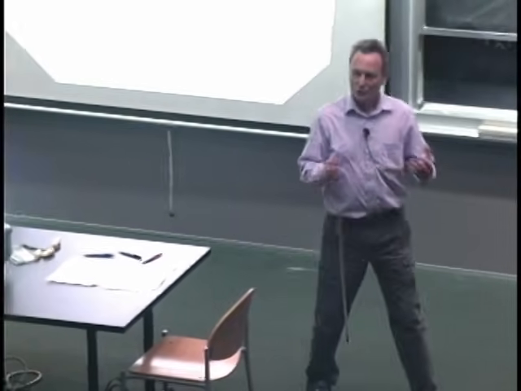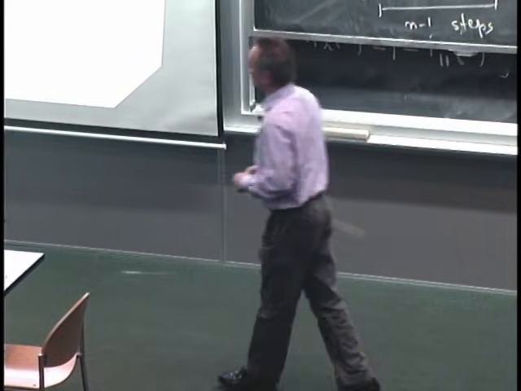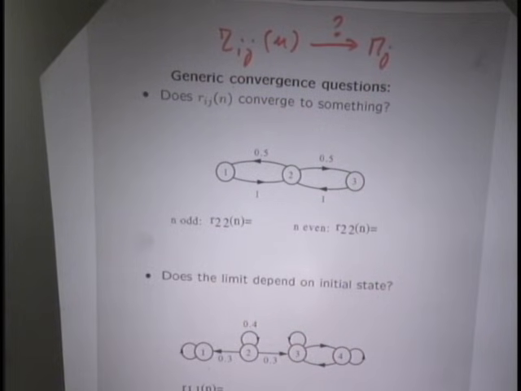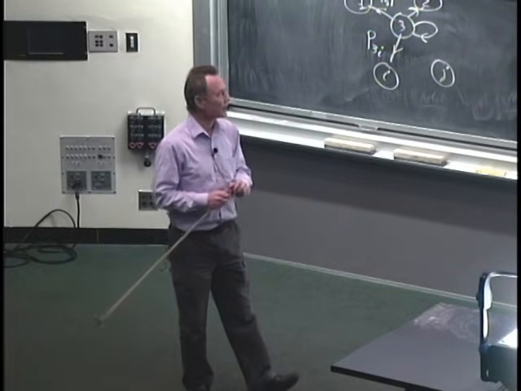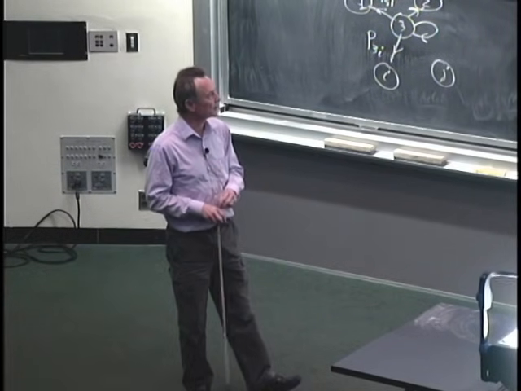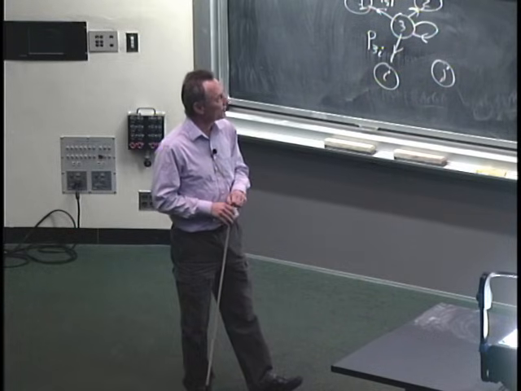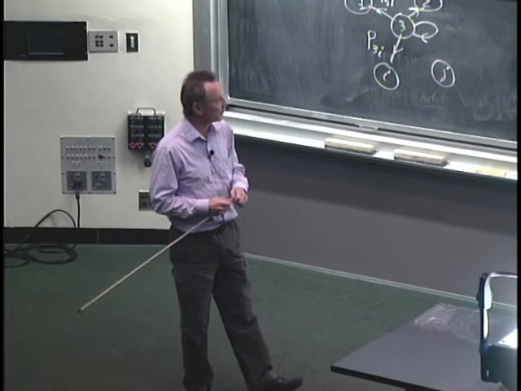So the answer is that usually, or for nice chains, both of these things will be true. You'll get a limit which does not depend on the initial state. But if your chain has some somewhat peculiar or unique structure, this might not happen.